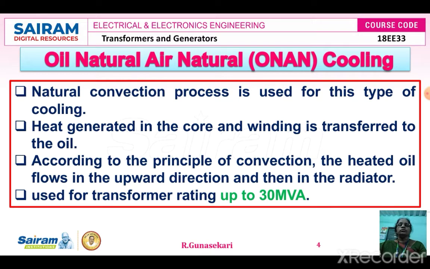According to the natural convection process, the heated oil flows in the upward direction and then into the radiator. We already saw this in the diagram. This is the oil natural, air natural type of cooling.